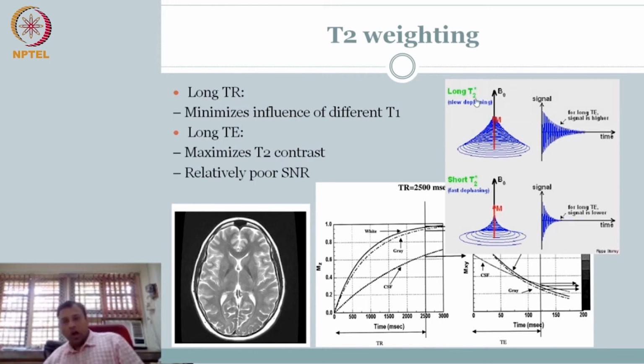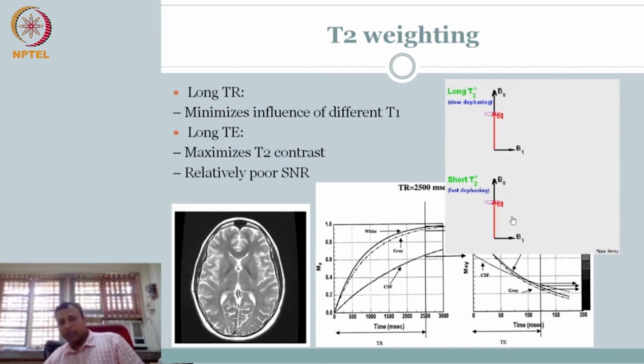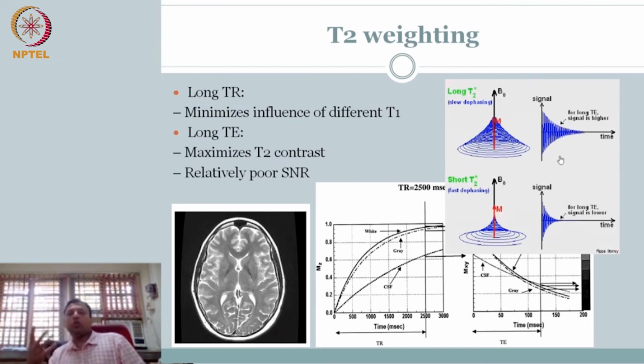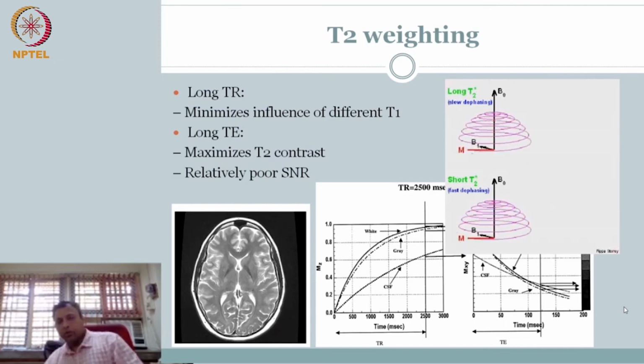If it has a long T2 star, then you might get good signal over a longer duration. If it is a short T2 star, the signal will drop down abruptly, so you will have a poor signal to noise ratio. But we are interested in T2. So the T2 signal to noise ratio depends also on the T2 star property at that location. Okay. You can play the animation, rewind it, slow down, and align it to your understanding.